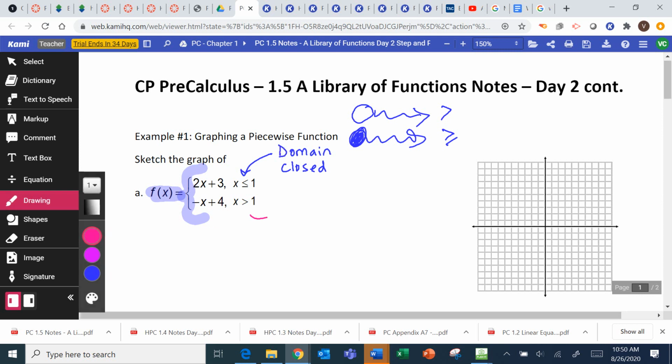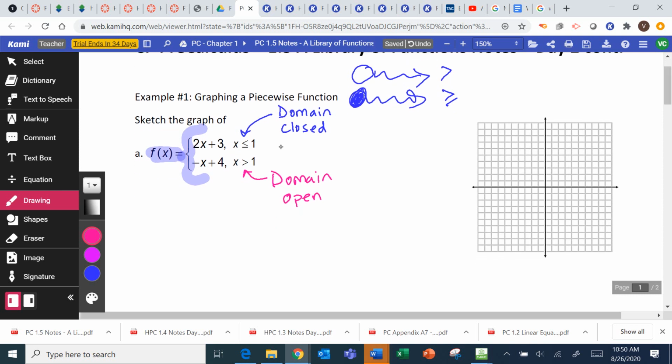The other one, again, this is the domain, meaning these are the x's I'm allowed to use. I'm only allowed to input values that are greater than 1. And greater than would mean this is an open dot. So 2x plus 3. What x's could I use in a table of 2x plus 3?